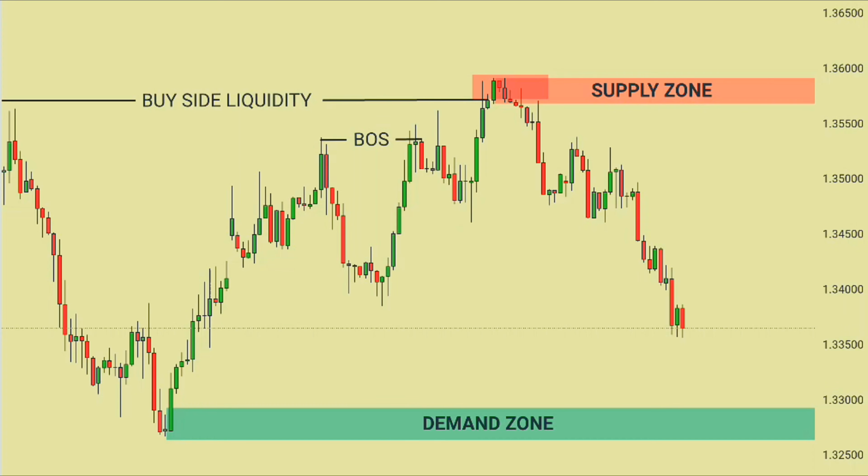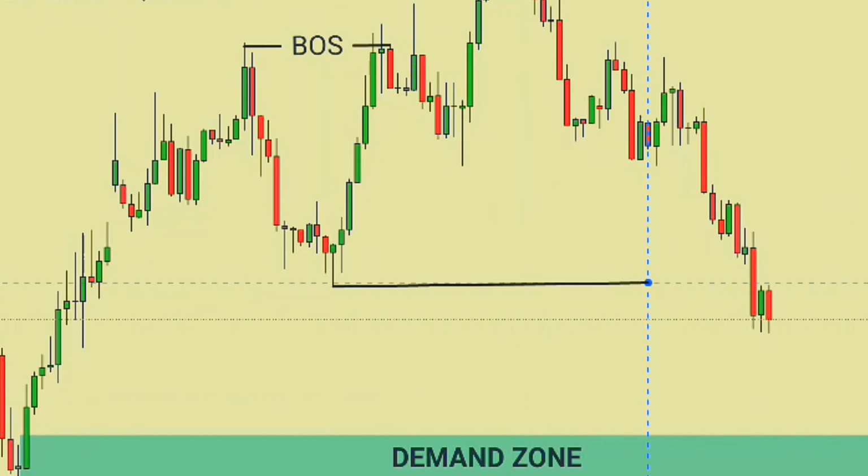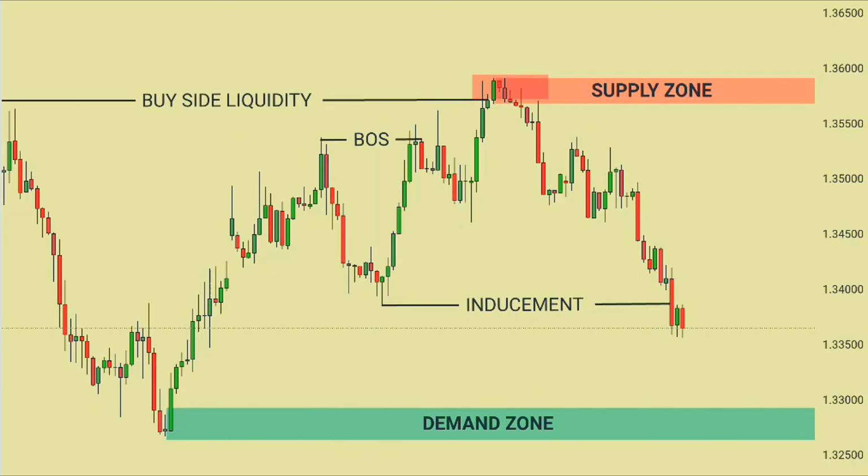Now, before price reaches the demand zone, notice something important. Price doesn't just drop straight down. It creates these small pullbacks, little moves that look like reversals. This is called inducement. It's designed to trap traders again, especially those trying to sell too late.